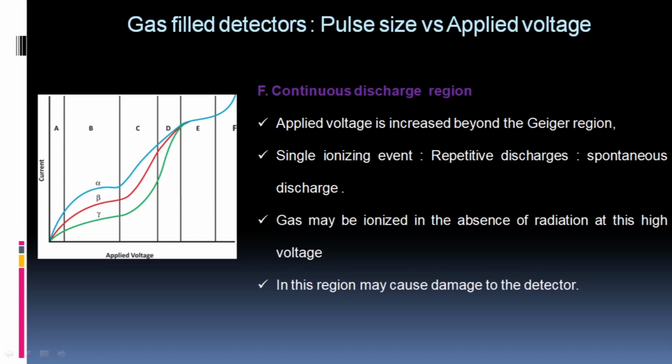Even the gas of this detector may be ionized in the absence of a radiation field. If there is any kind of ionization, it will discharge spontaneously, and in this region the detector may be damaged, so no detector is devised for this region.